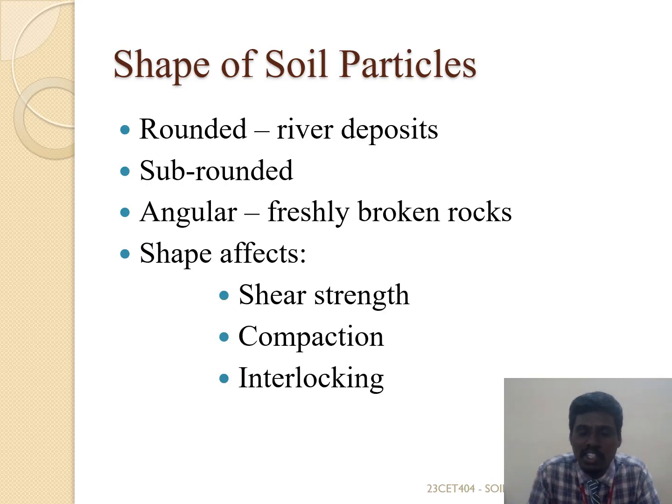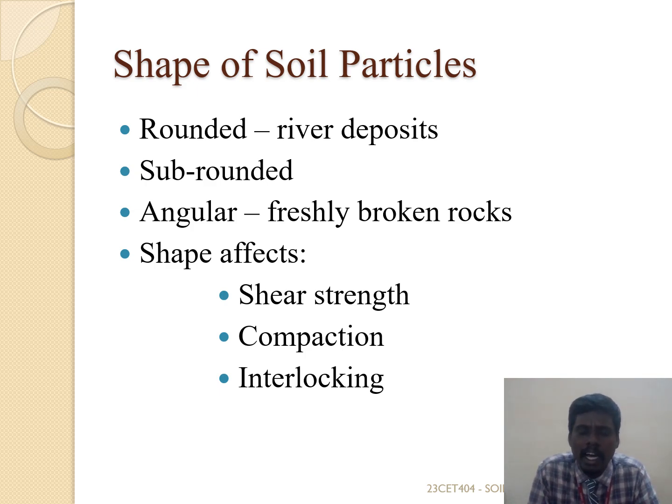The next one is the shape. Based on the shape, the soil is categorized. For example, when soils are transported by a river, deposits are formed somewhere at the end of the river. In the deposit regions, the soil has a rounded shape, rounded aggregate, sub-rounded aggregate, and the broken rocks give an angular shape of aggregate.